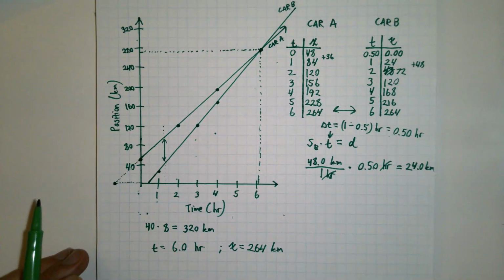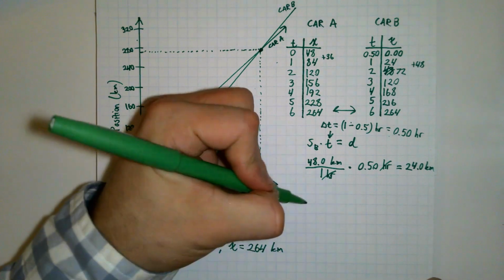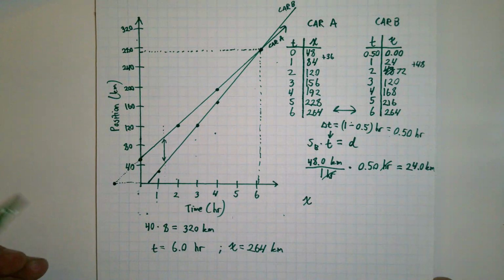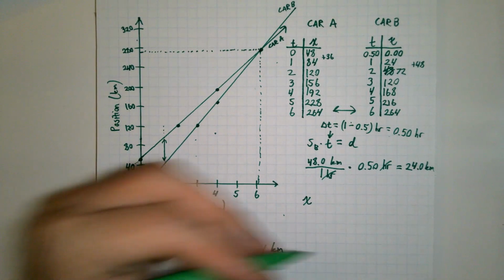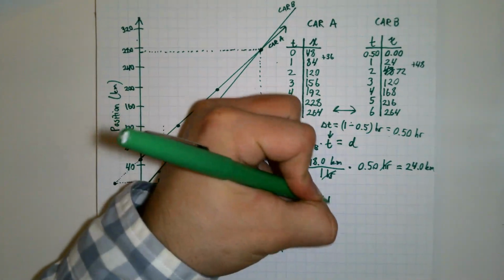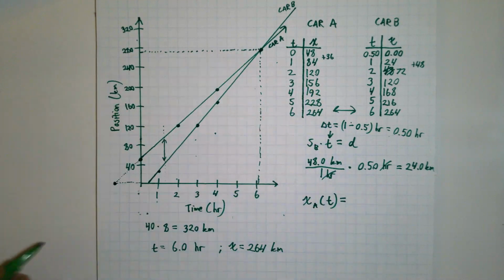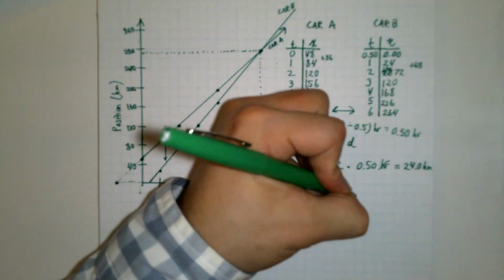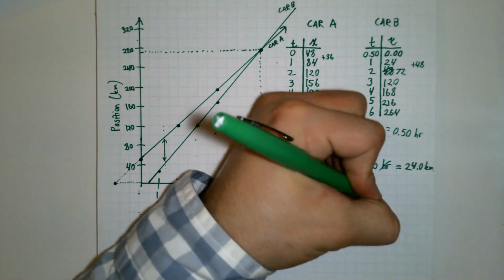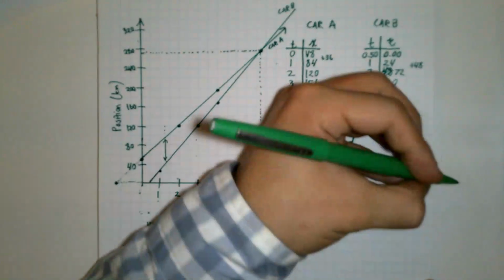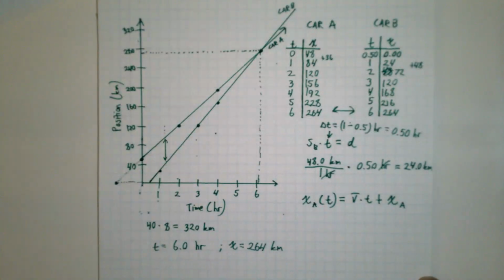We need to know the function that describes the position versus time for car A. In other words, we need to know this equation.